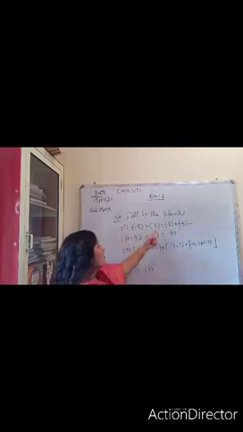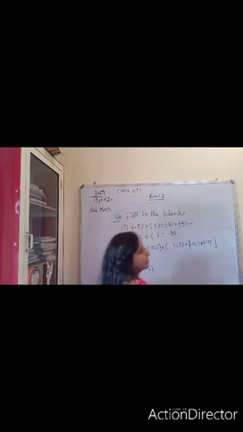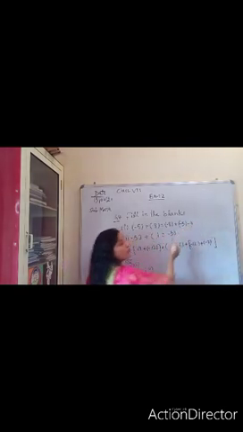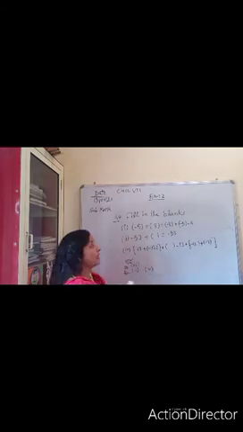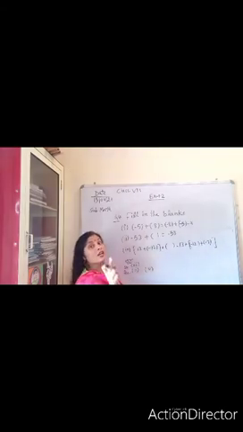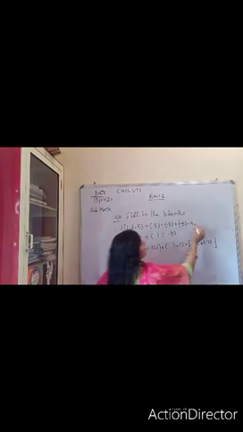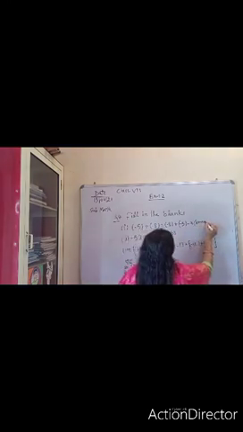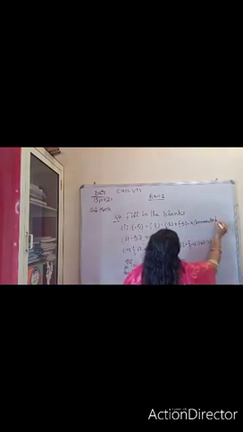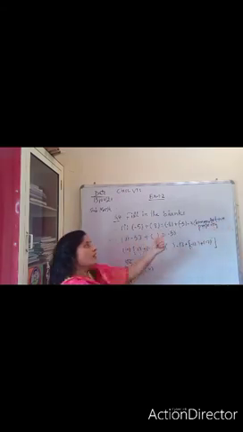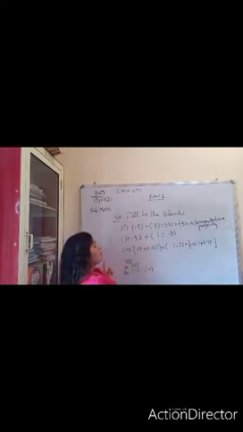It is nothing but the order changing property, which means commutative property. So we will mention commutative property here. Understood? This is your commutative property. Now come to the next one.